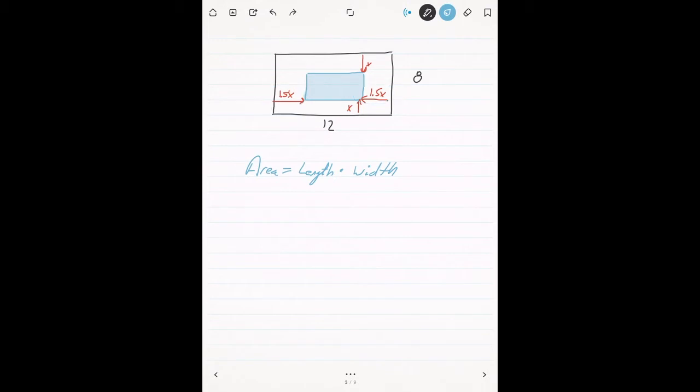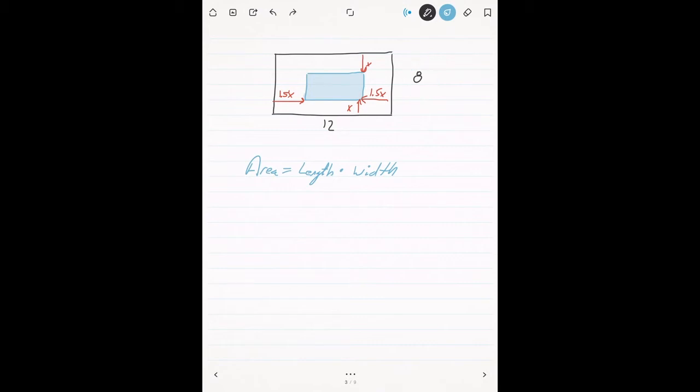So the question now is, what is this interior rectangle? Well, think back. If we're trying to find the area of this rectangle, we need to know its length and its width. So that's a good place to start. How can we identify the length and the width of this rectangle? Let's start with the width here, or the height.